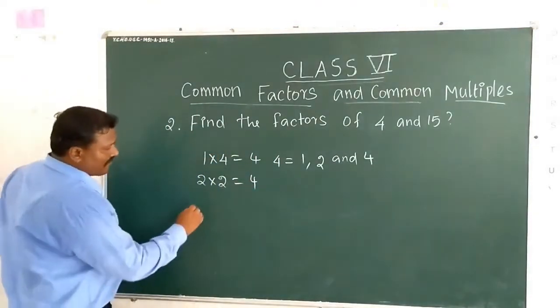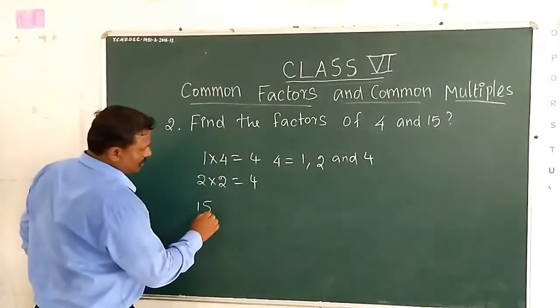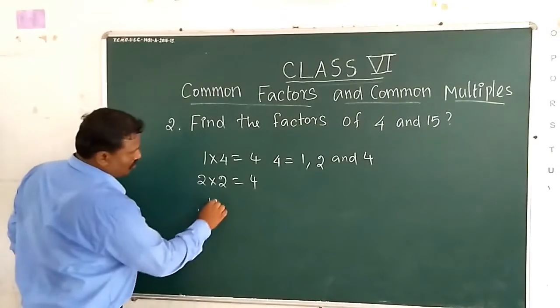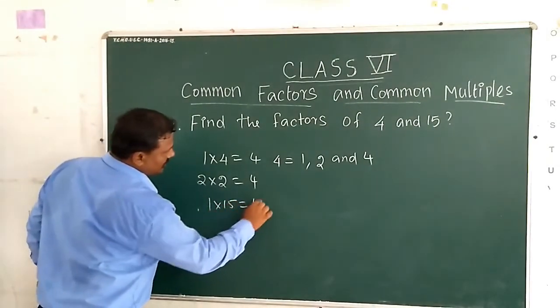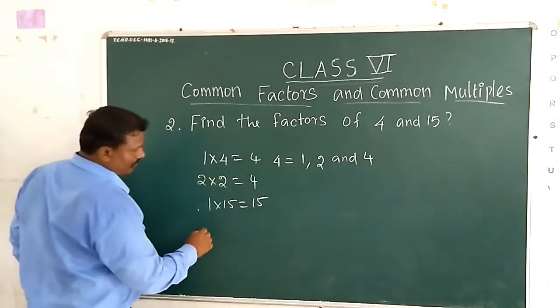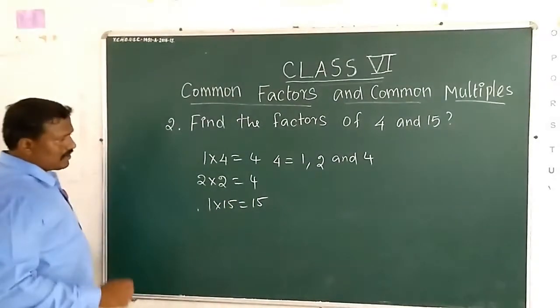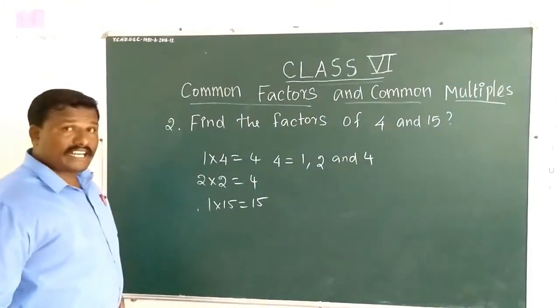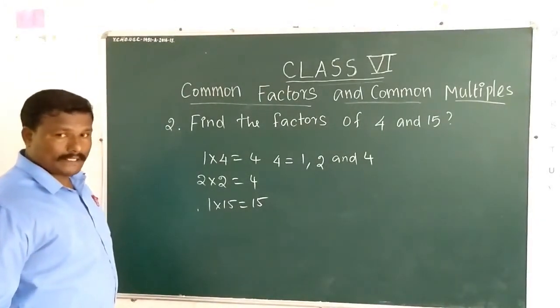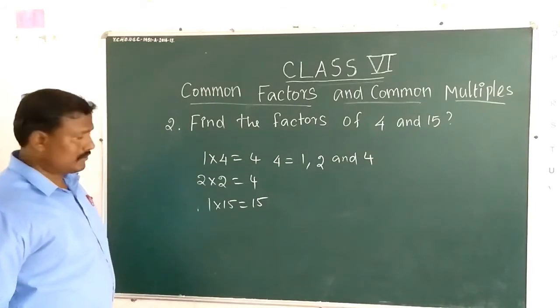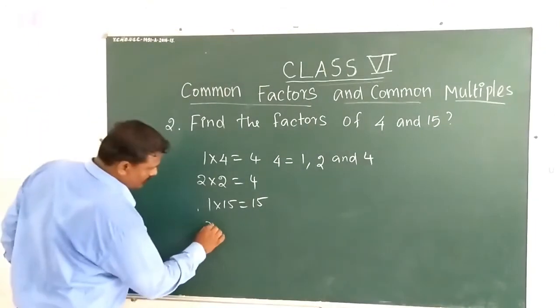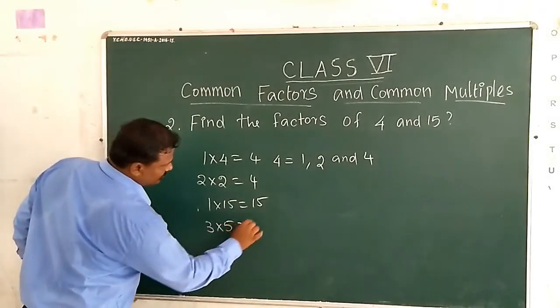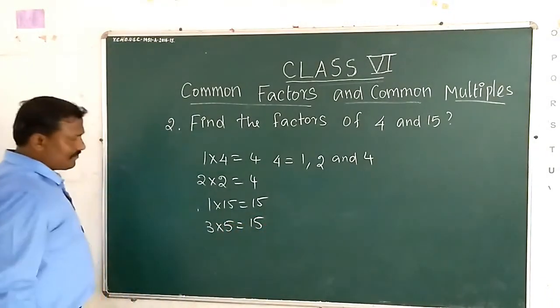Now we find the factors of 15. So 1 15 is equal to 15. Is there any other factor? Three 5s are 15.